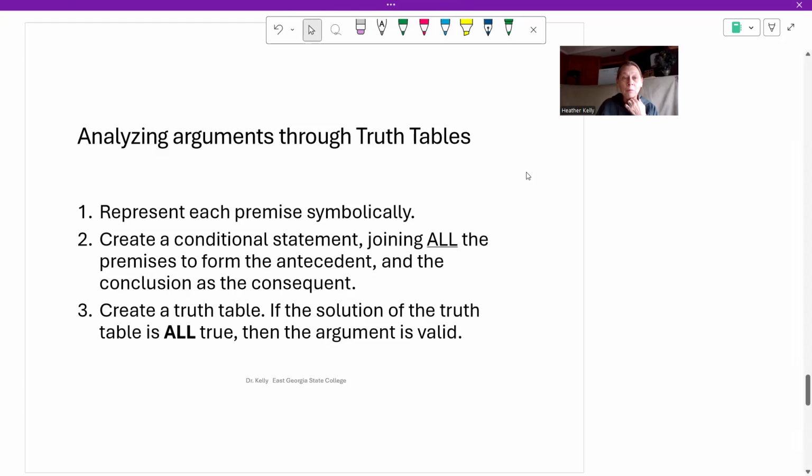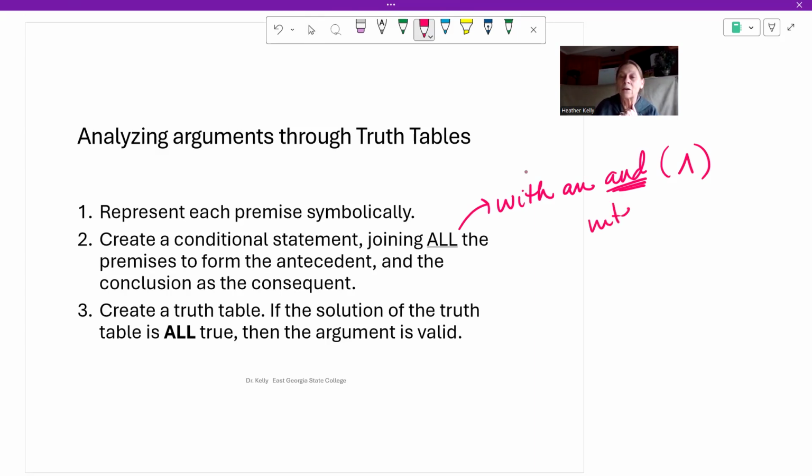And by the way, we join them all with an and, right? This symbol right here. And remember that and is another way of saying intersection.